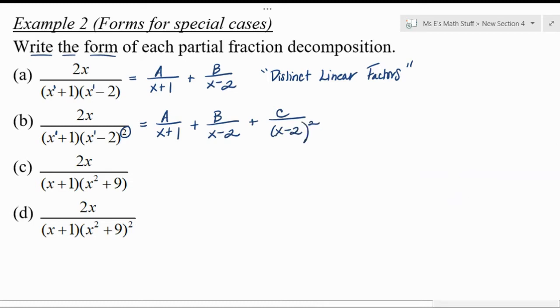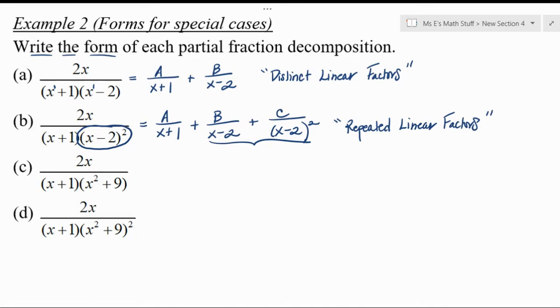Okay, and this was kind of a combo of distinct and repeated linear factors, but really the point was what to do with that part right there. So we'll go ahead and call this a repeated linear factors case.